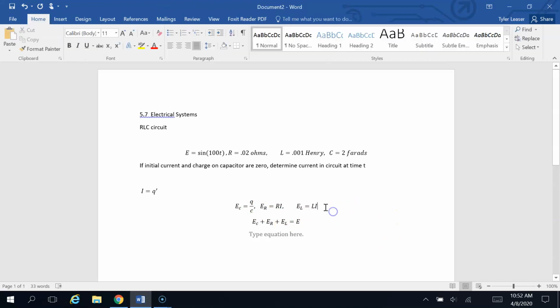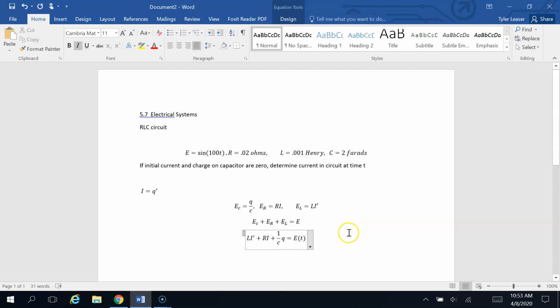Oh, I also messed up here. Sorry about that. This should be the derivative of I. So the voltage going across the inductor is the inductance times the derivative of the current. Okay, I'm going to put that one in front. So L I prime, the voltage across the inductor, plus R times I, the voltage across the resistor, plus I'm going to write this as 1 over C times Q. That's the voltage that's going across the capacitor. And that's going to be equal to E of t, which is the voltage going into the system.